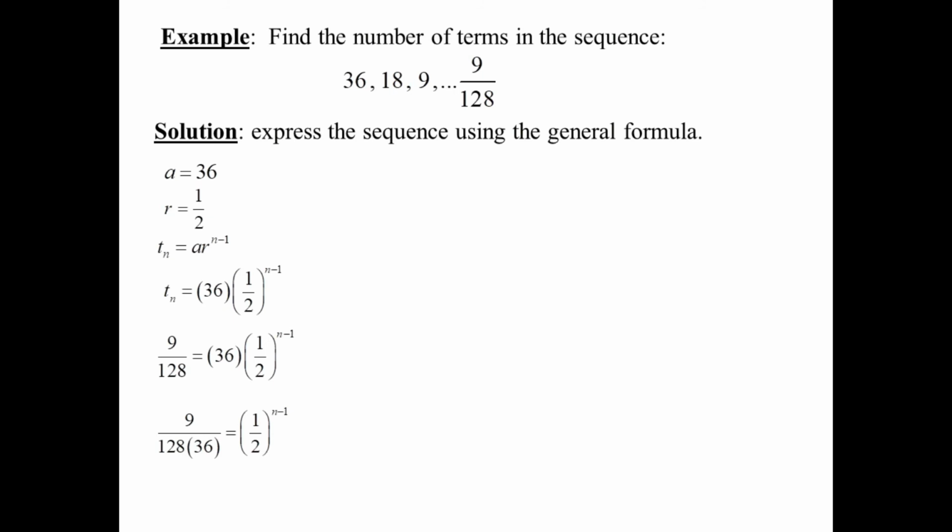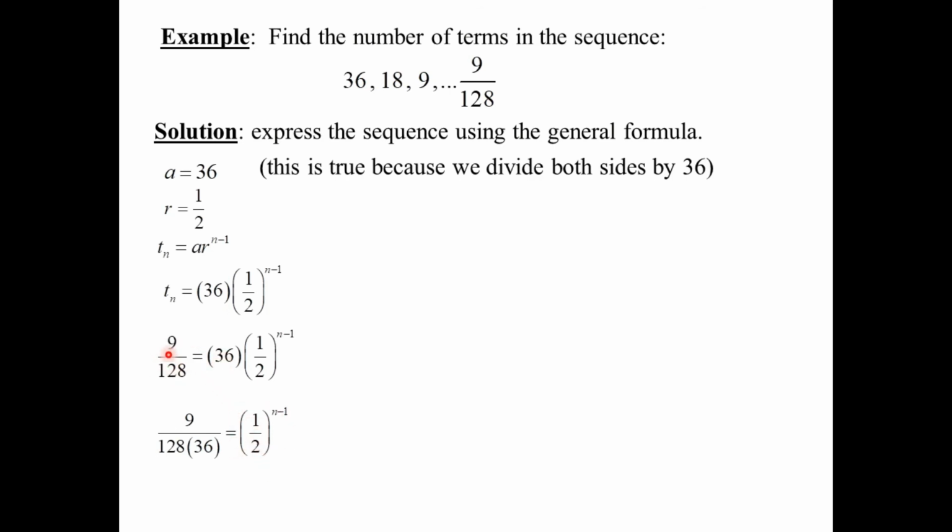So let's think about this for a moment. This is true because we took this and divided both sides by 36. When you divide the right side by 36, the 36 simply cancels, and we're left with this.